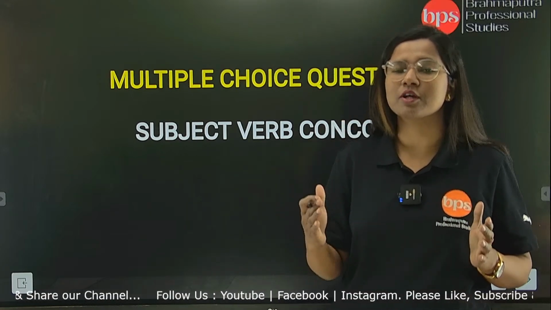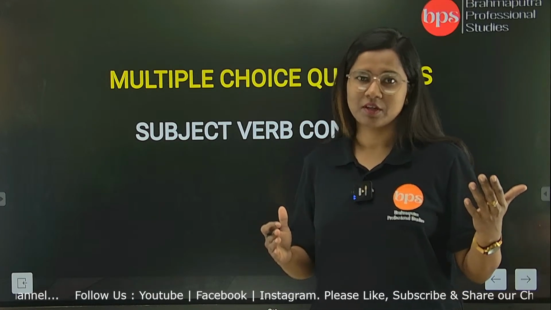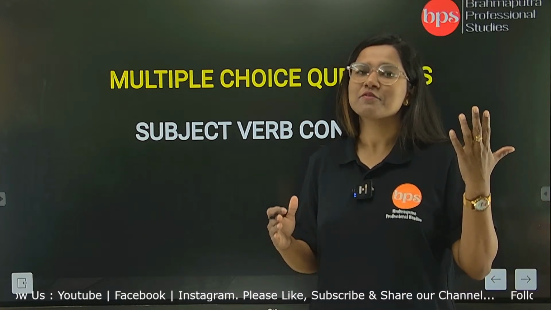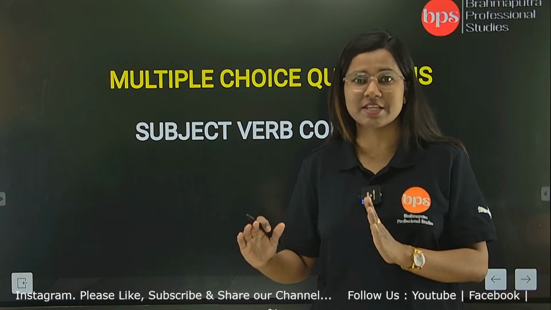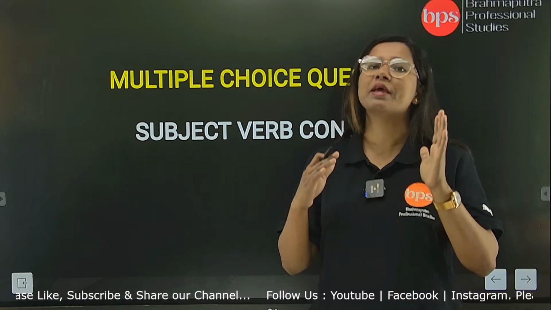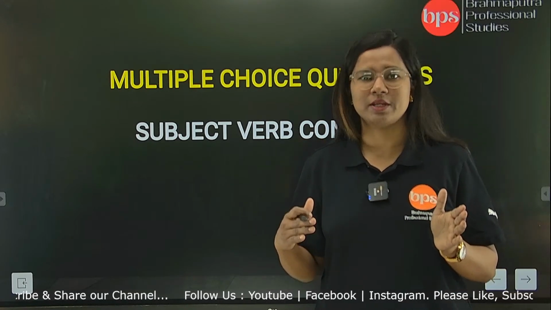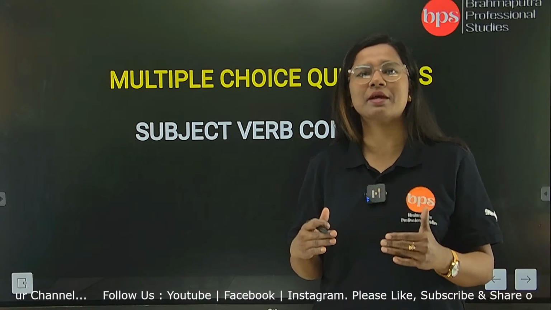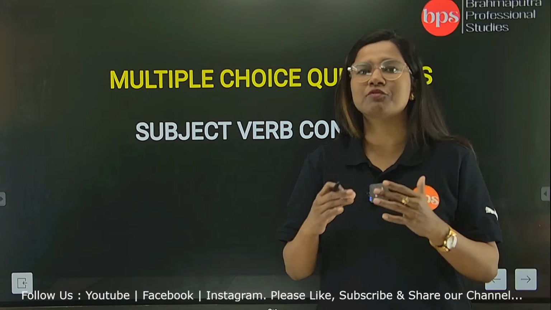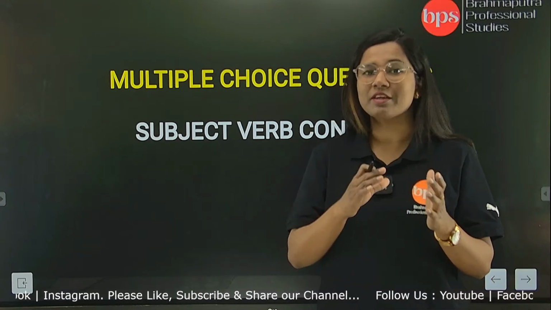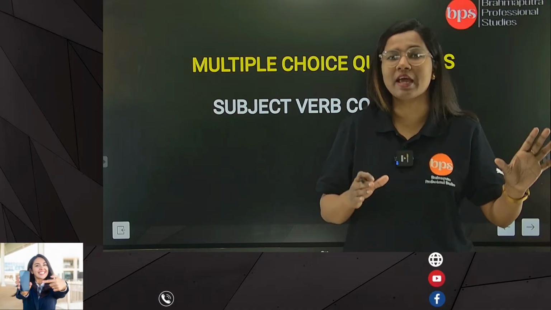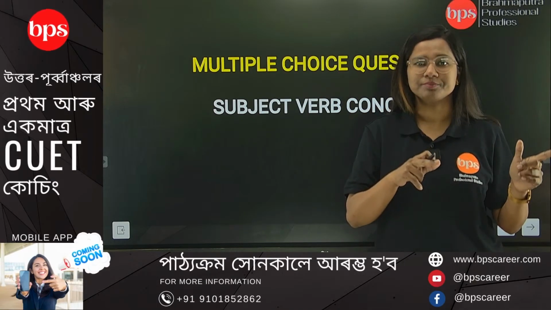We have 15 rules depending on which we need to frame our sentences. Otherwise, we tend to make mistakes, and we usually make mistakes while placing the verb in relation to the number and person of the subject.